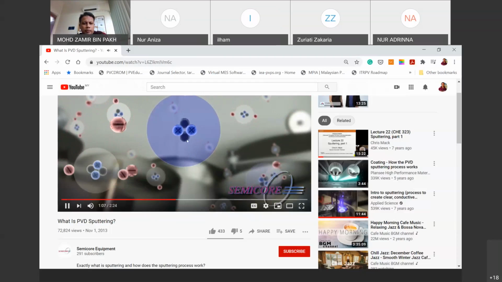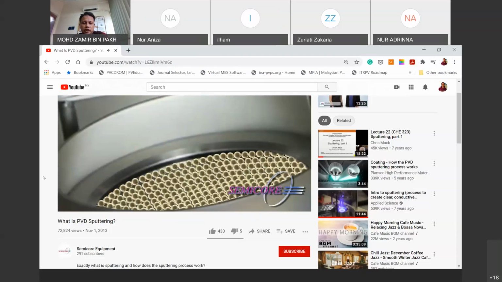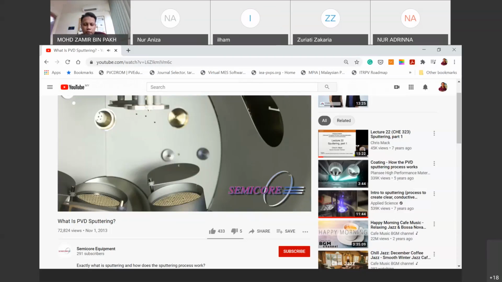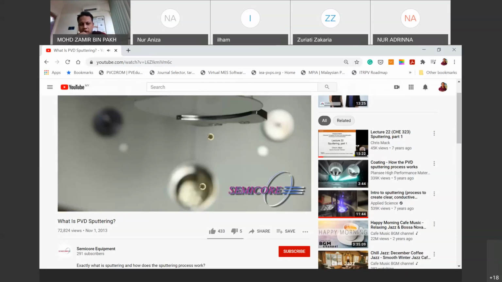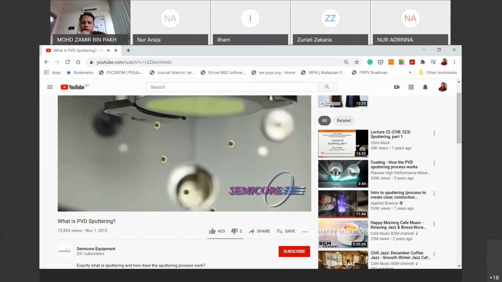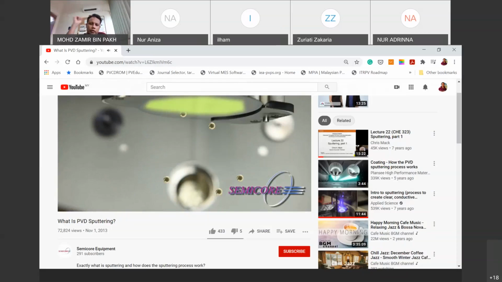The electrons from the electrical supply strip off the outer electrons from the gas, initiating plasma. So these are the target materials. You can see the atoms and molecules there. They are dislodged one by one, in fact more than one. Just to illustrate the process, you can see now, materials are being deposited onto your substrate. The substrate is rotated to ensure uniformity.